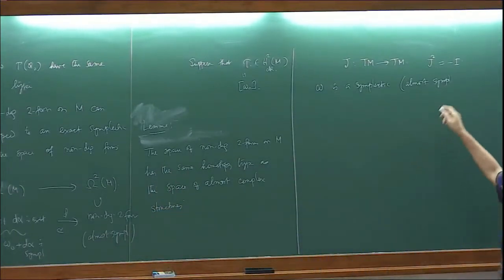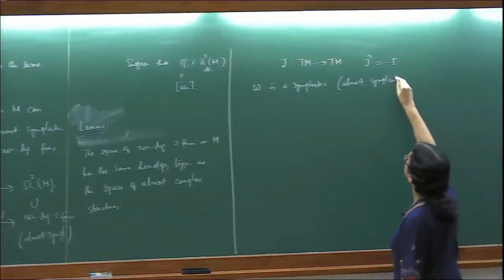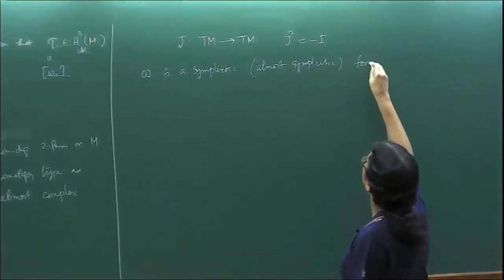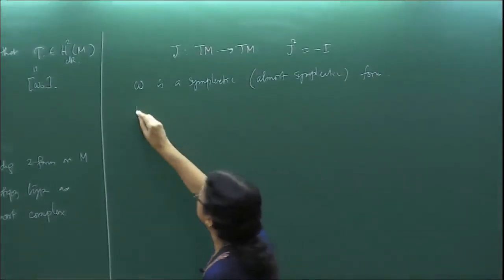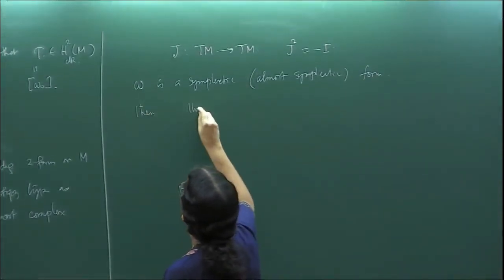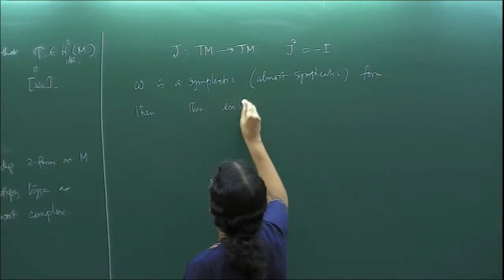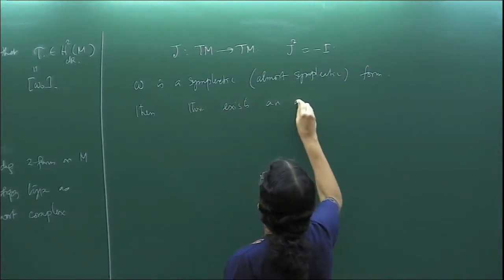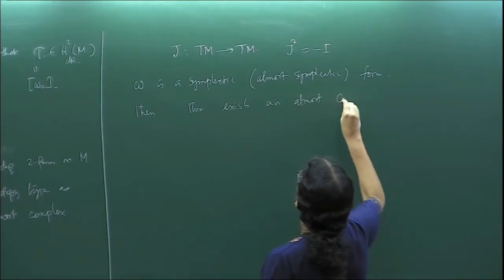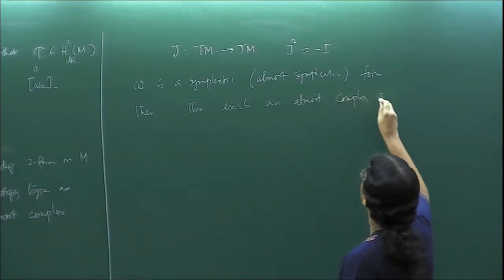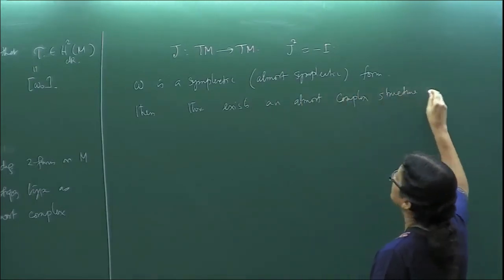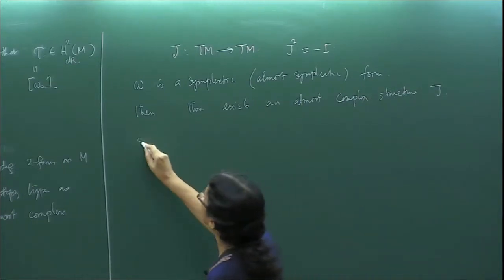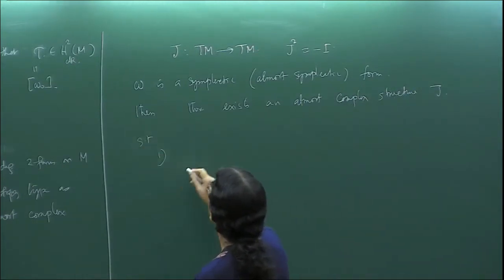So if omega is a symplectic form, then there exists an almost complex structure J such that two conditions are satisfied.